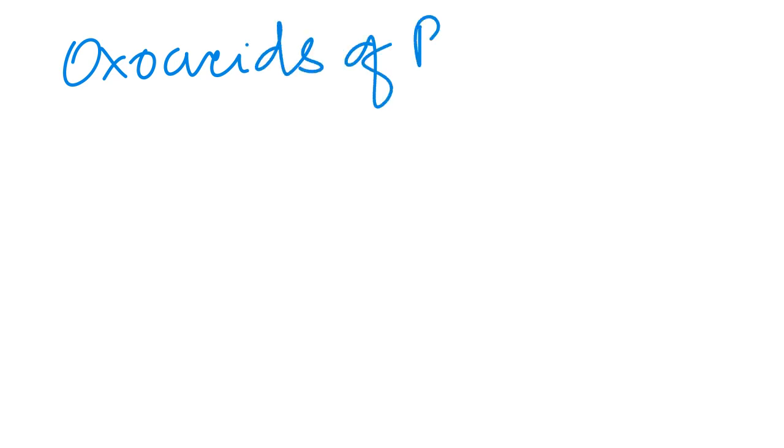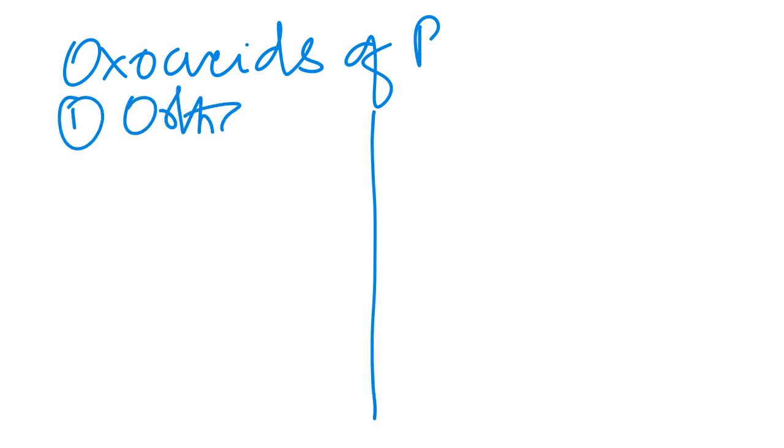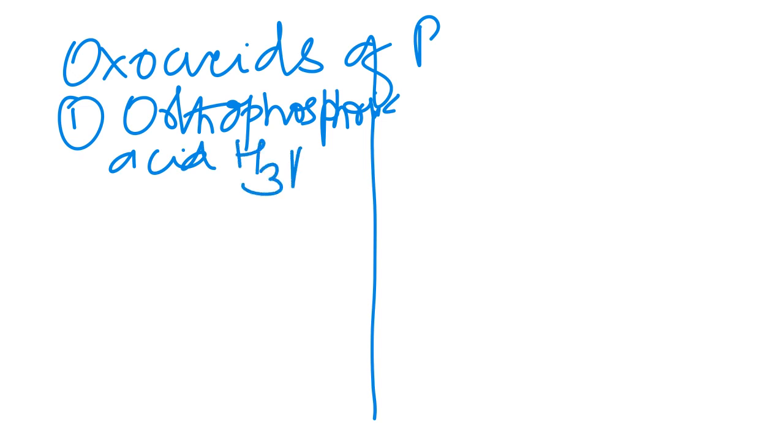Now next, oxoacids of phosphorus, very important, the structures of these oxoacids of phosphorus. First is orthophosphoric acid, that is H3PO4.